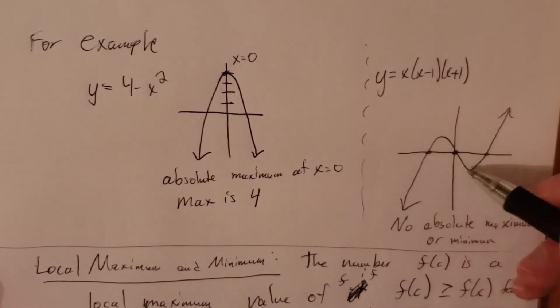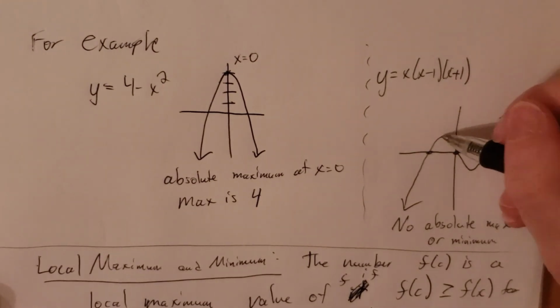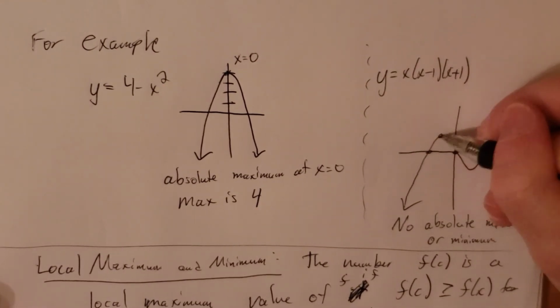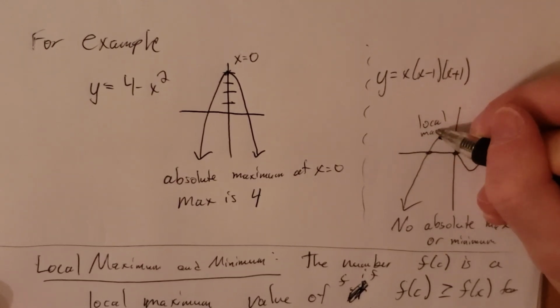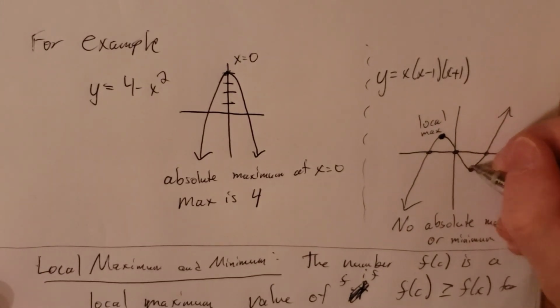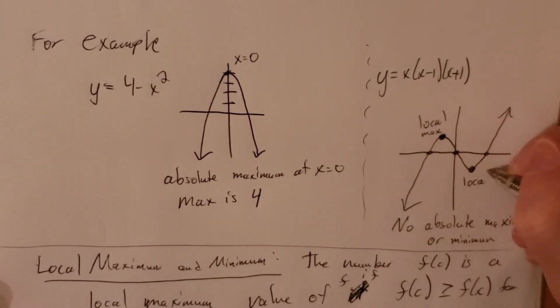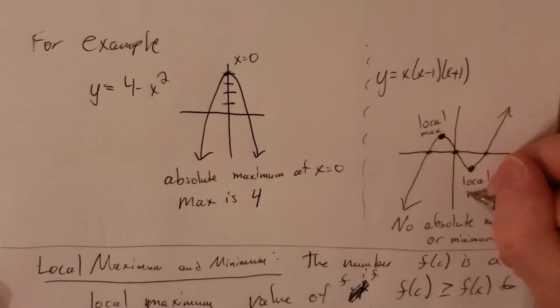In this particular case, while we had no absolute maximums or minimums, we do have a local max at the top of this peak, and we have a local minimum at the bottom of this valley.